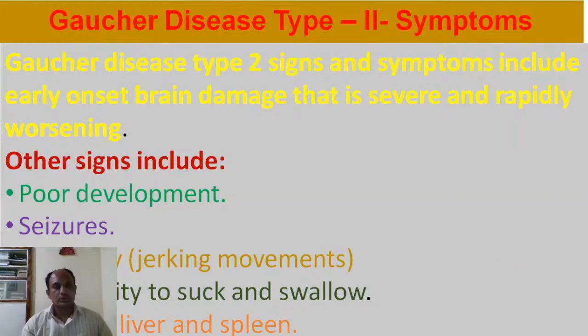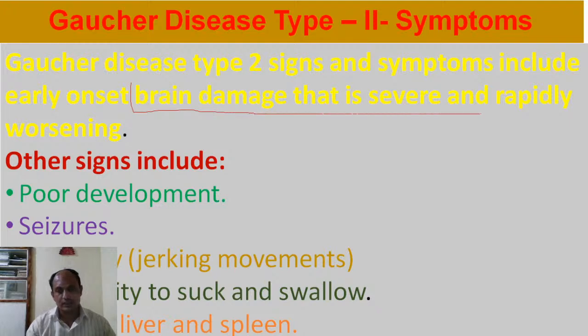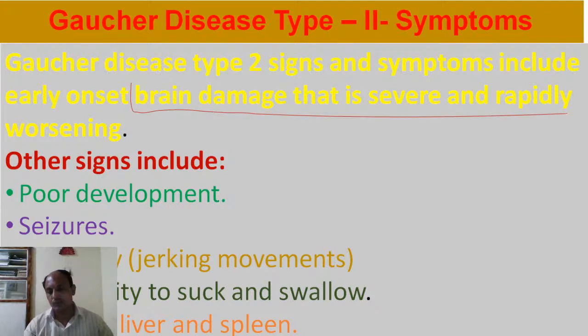Then later, the symptoms of Gaucher type 2 disease. Type 2 includes brain damage, which is severe as well as rapidly worsening or progressing.